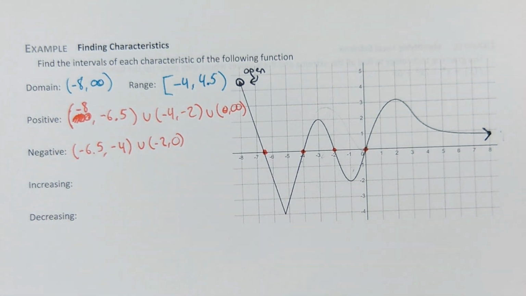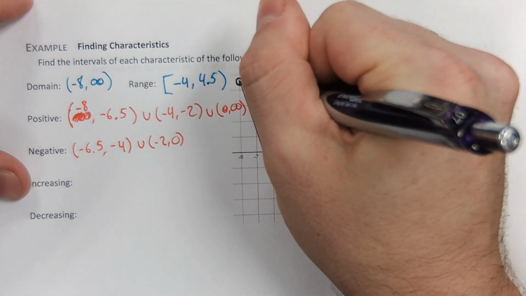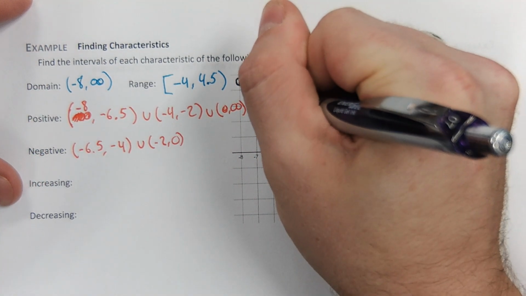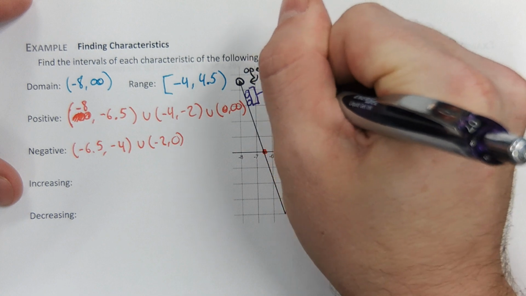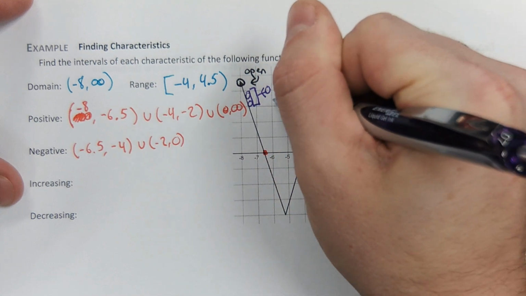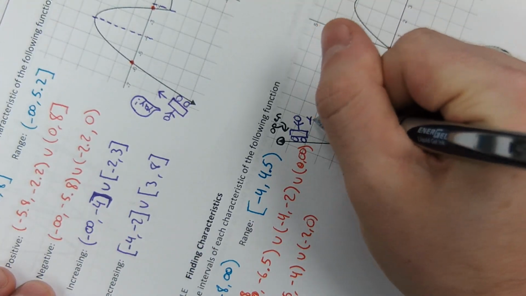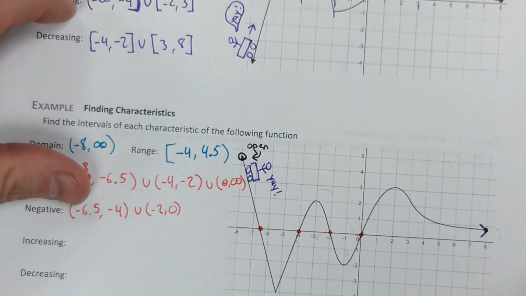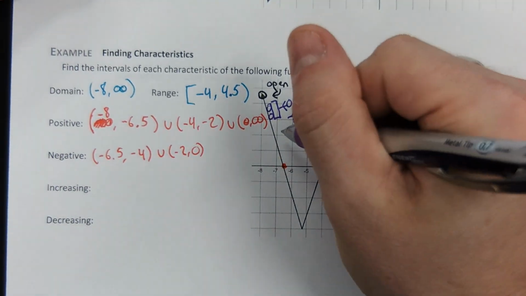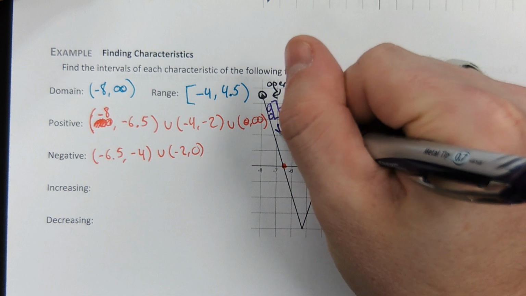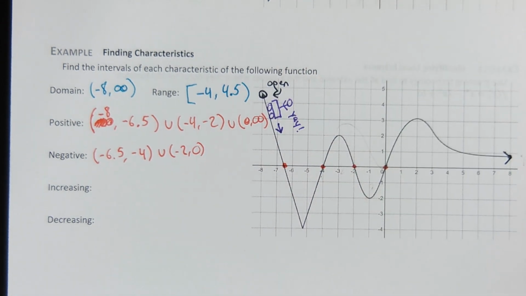Alrighty, roller coaster time. We all know we love roller coasters. At the very beginning of my domain, class, increasing or decreasing? Decreasing, 100%.